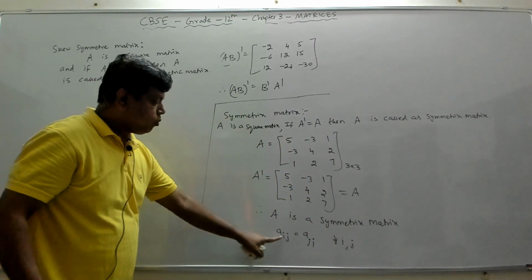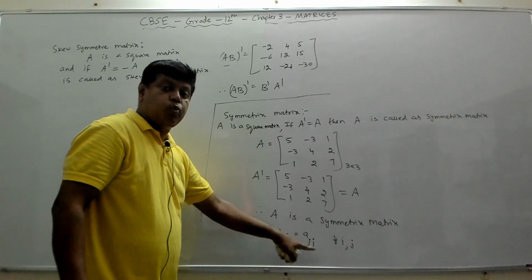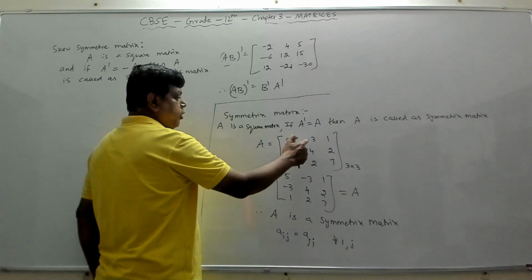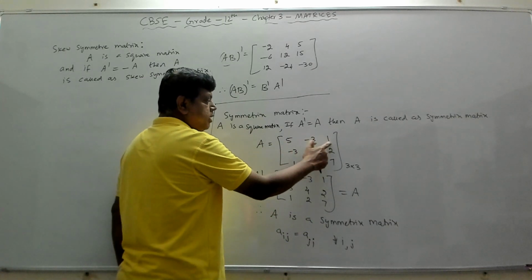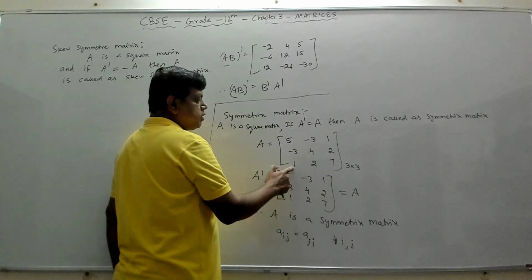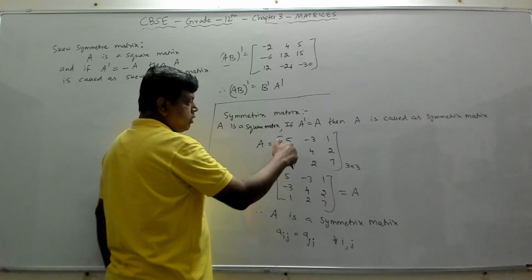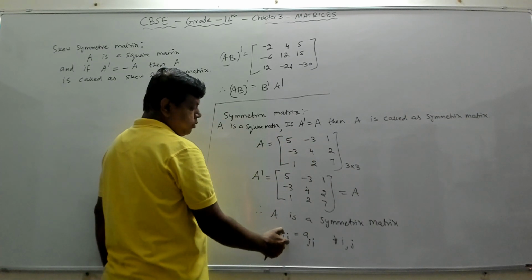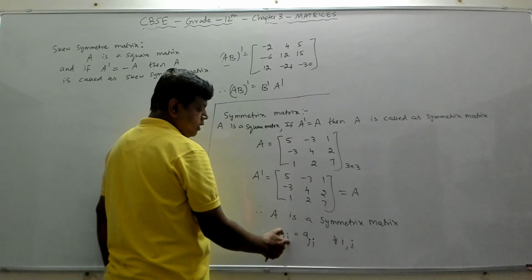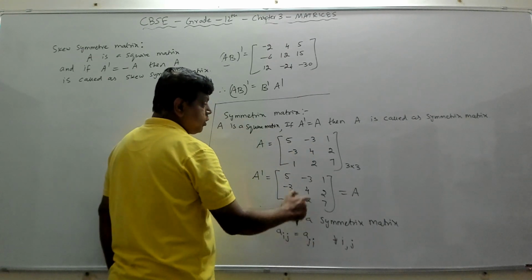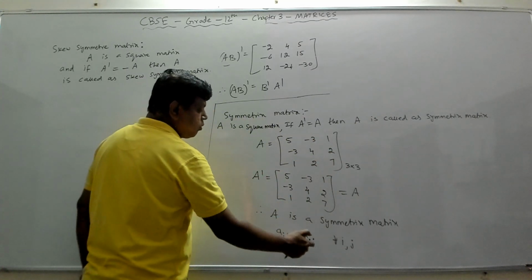Which means A11 equals A11, A12 equals A21, and A13 equals A31. Then A21 equals A12. If you put 2 and 2, A22 equals A22, which is 4 equals 4. If you put i as 2 and j as 3, then A23 becomes A32. A23 is 2, A32 is 2. Both match. Similarly, A33 equals A33.